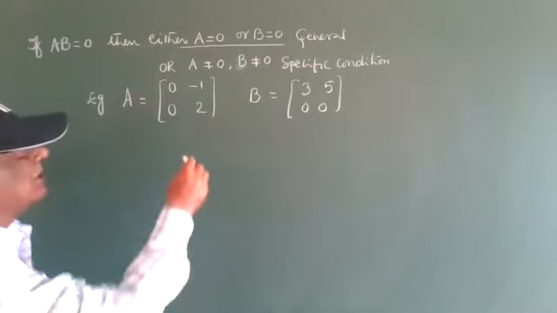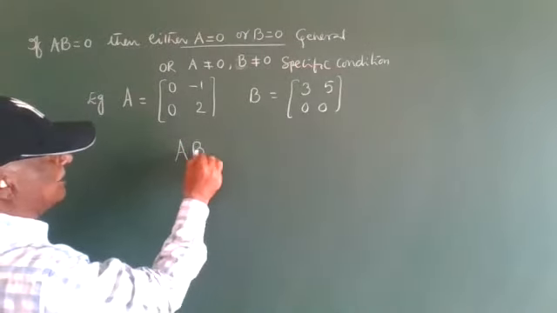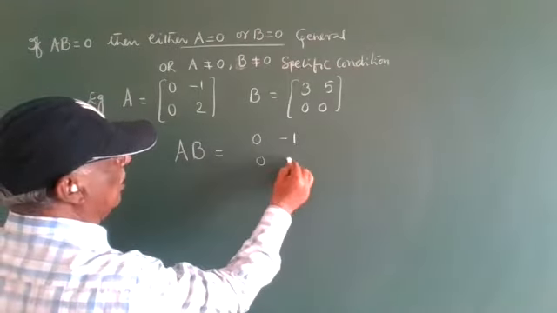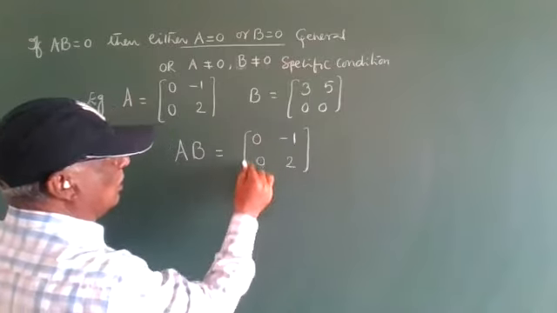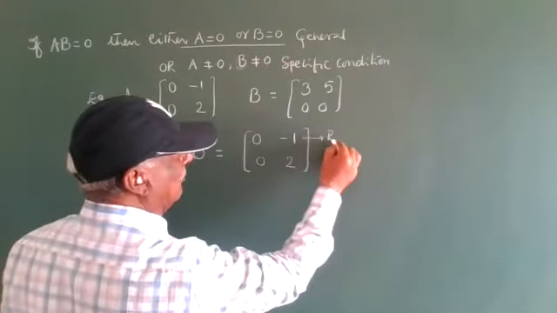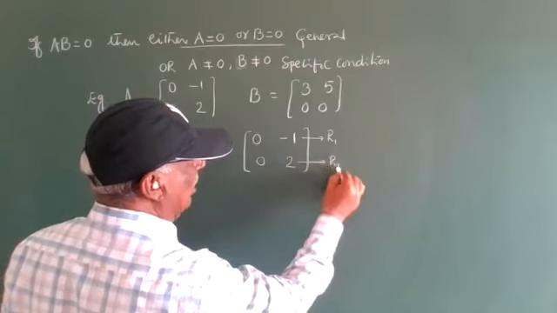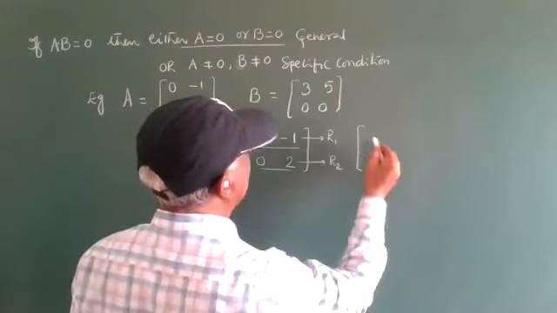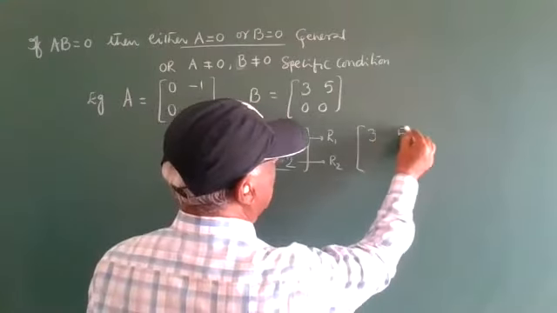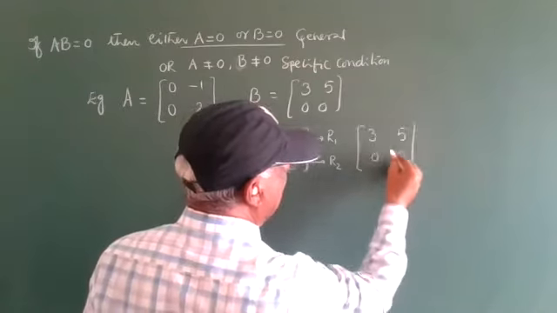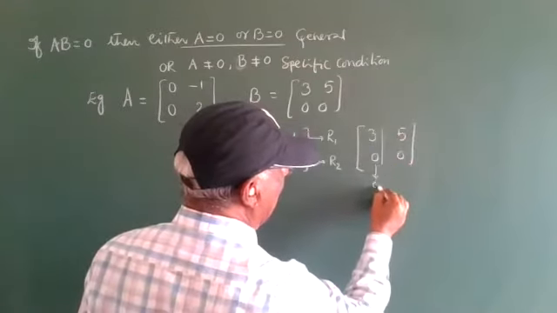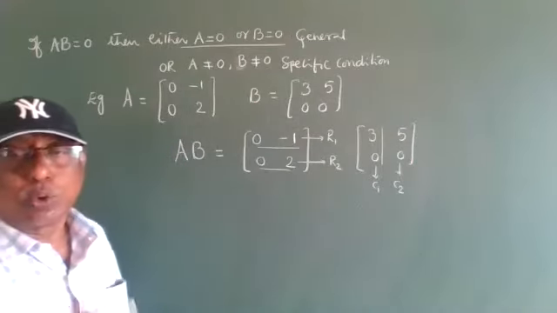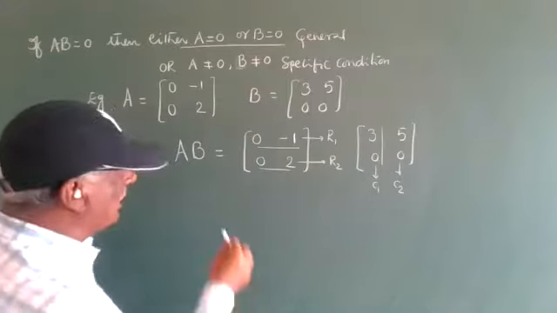But see their multiplication AB, row to column. 0, minus 1 is the first row R1, and 0, 2 is the second row R2. In the second matrix B, 3, 0 is the first column C1 and 5, 0 is the second column C2. Row to column multiplication.